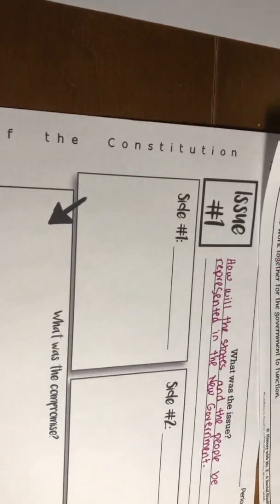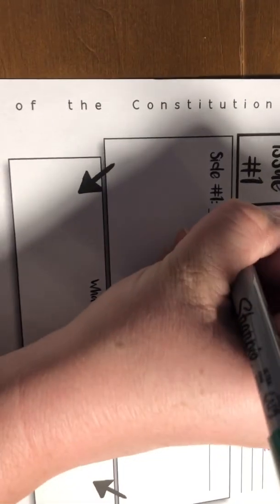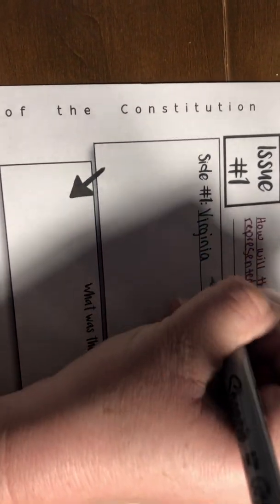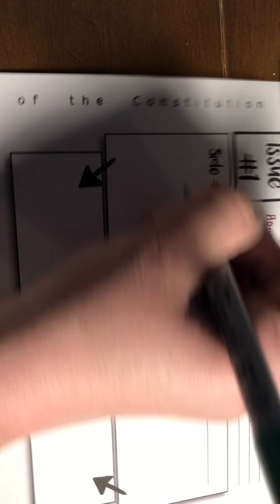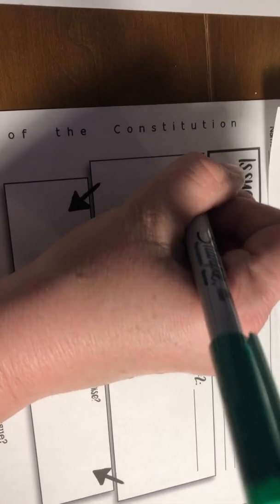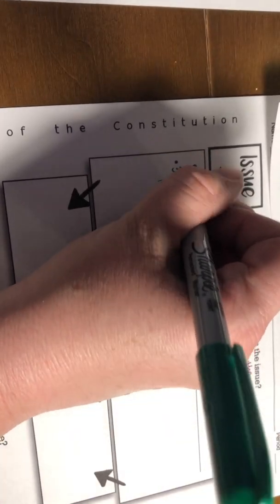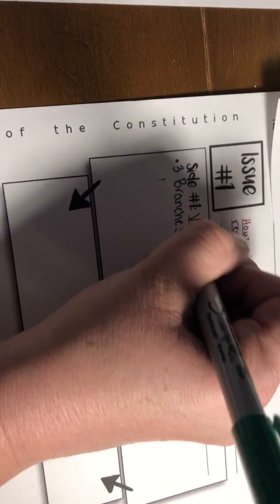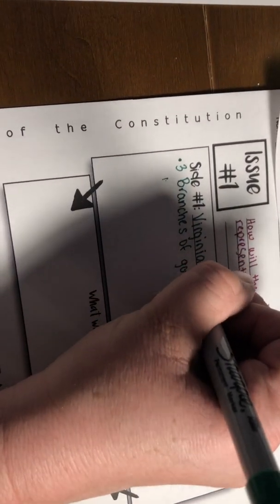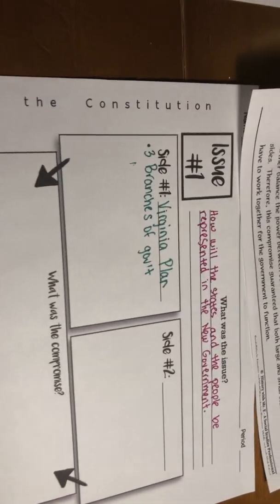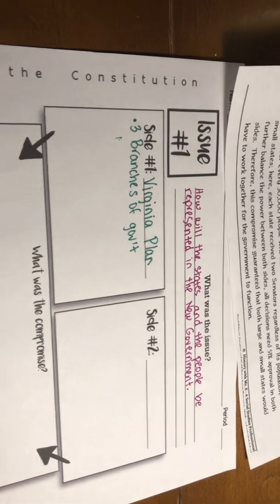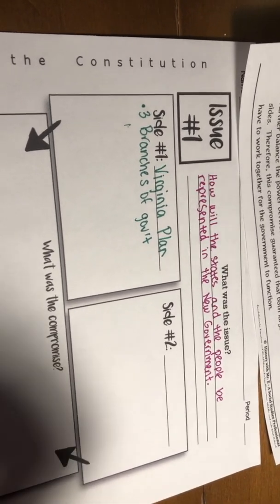So if we come up here and we do side number 1, there is a title for this. It is the Virginia Plan. Some things it didn't tell you, but one thing we know is that it still said there should be 3 branches of government. So that is not changing. Just like we have today and just like we had with our Articles of Confederation, there's an executive, a judicial, and a legislative branch.